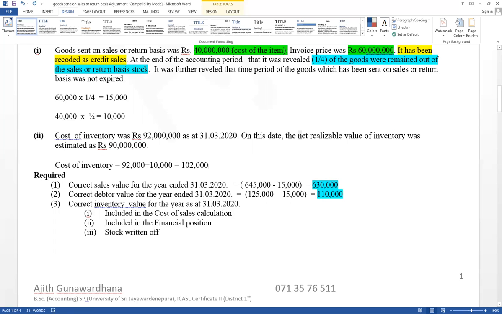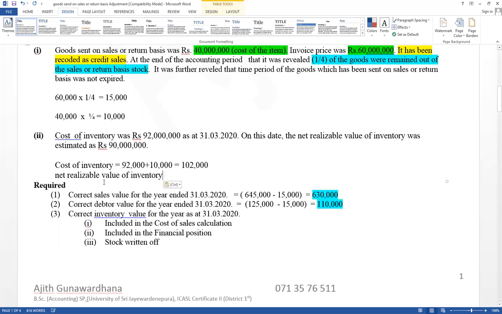And the correct net realizable value of inventory equals the net realizable value of inventory at the store, given as 90,000, and 10,000 also should be added. Therefore, this is the correct net realizable value of inventory. Now see the requirements.